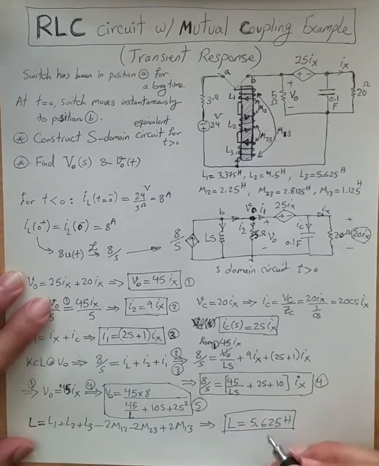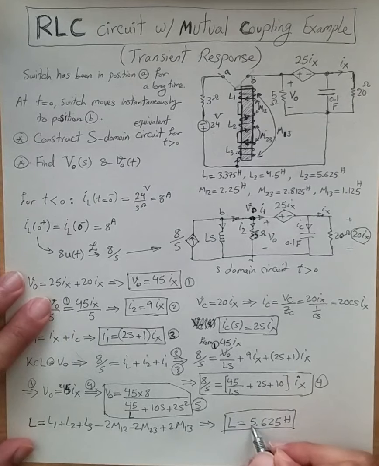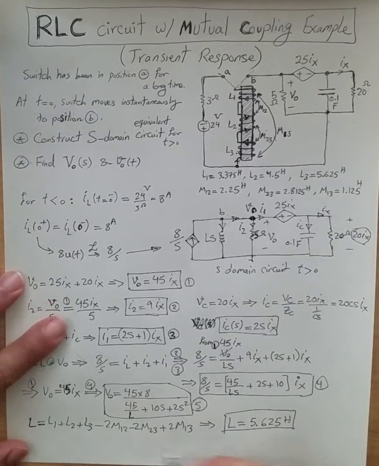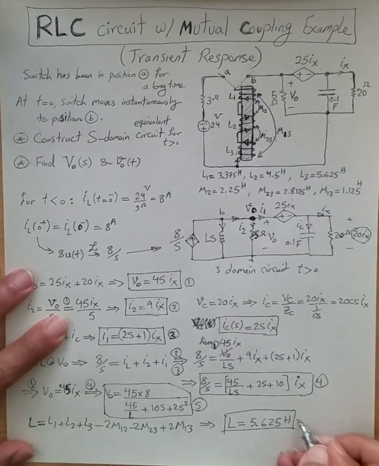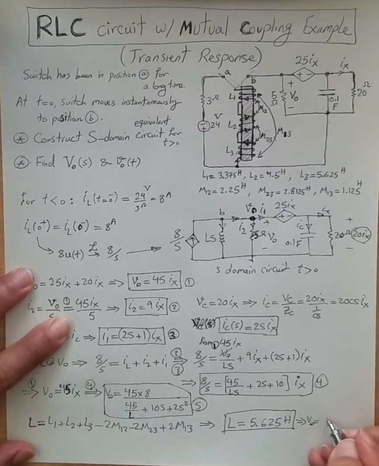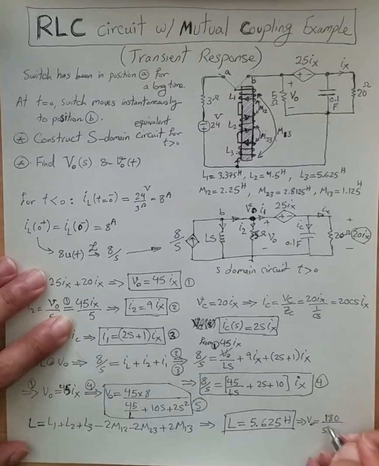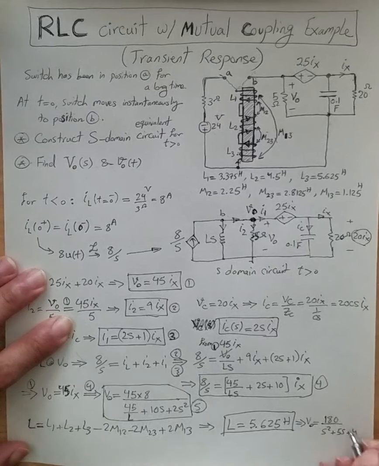And then we can replace L with this number in equation 5, and from there we can see Vout is simply 45 times 8, which is 180 divided by S squared plus 5S plus 4.